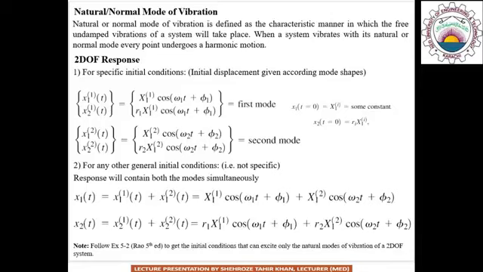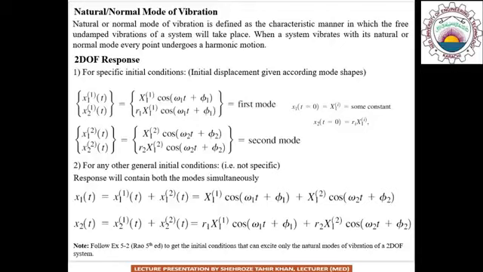As discussed earlier, natural modes of vibration are the characteristic form of the two degree of freedom systems. When the system vibrates at one of its natural frequencies, it should also be noted that during this type of motion, every point of the system undergoes harmonic motion.